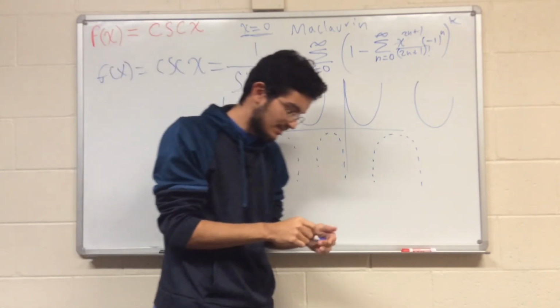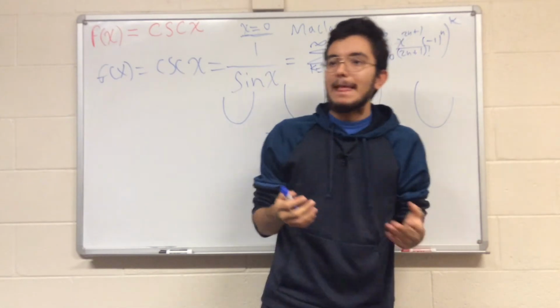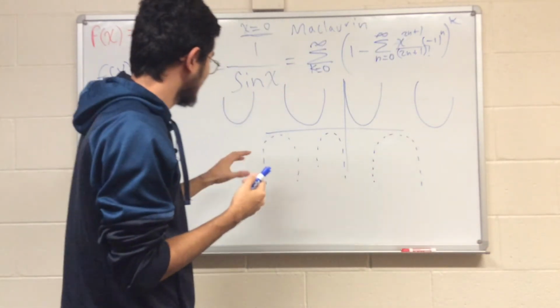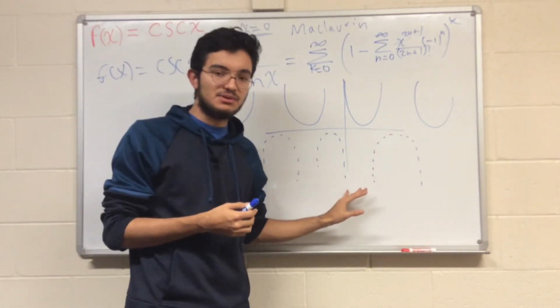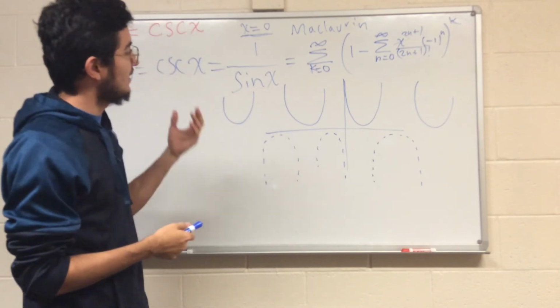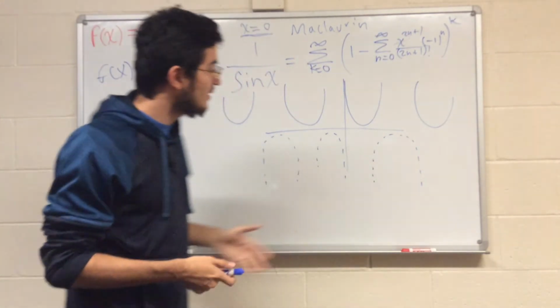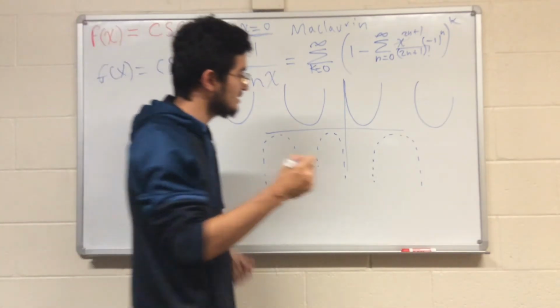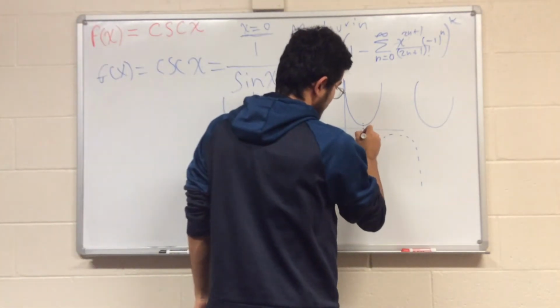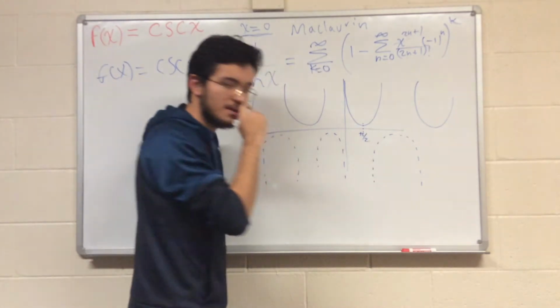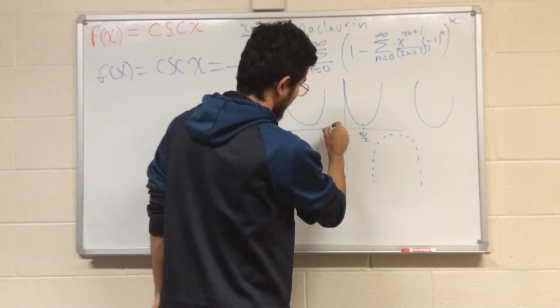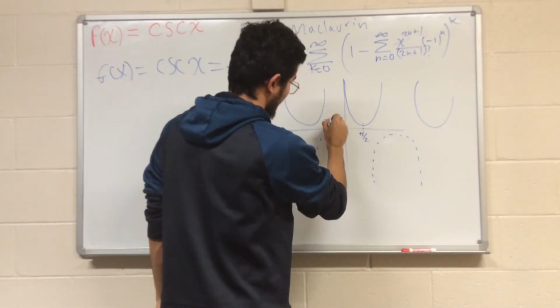So that's the issue, and I was going to touch on complex numbers, but let's not do that yet. If we want to find a series representation for the bottom part, all we have to do is this: over here is pi over 2, and this over here is negative pi over 2.